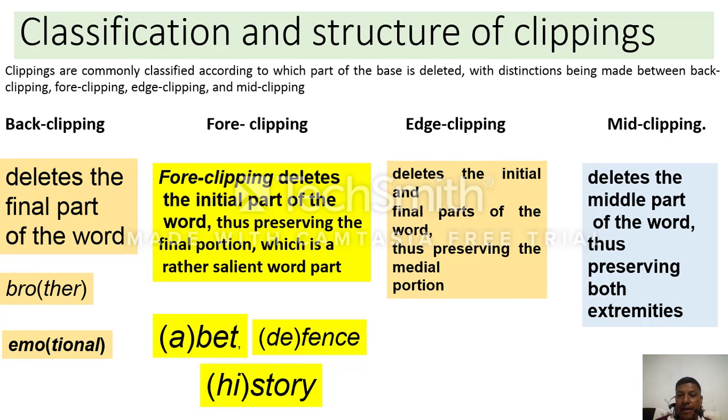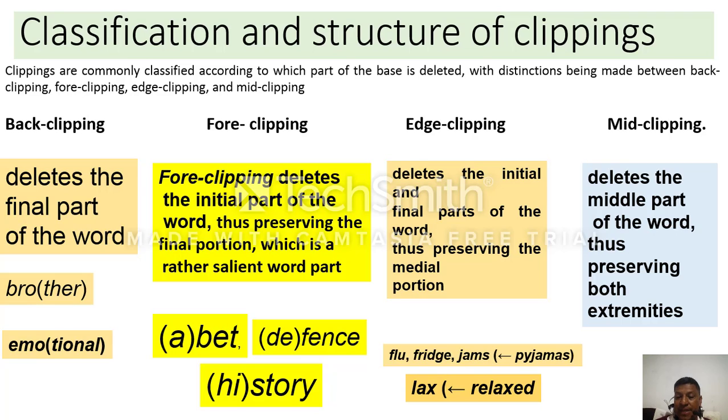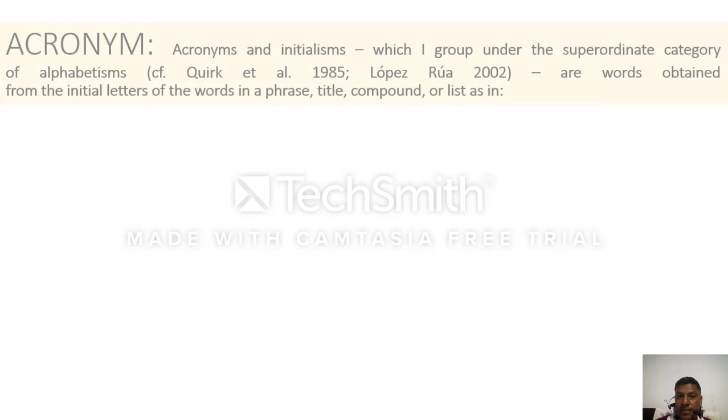In edge clipping, we delete the initial and the final part of the word, thus preserving the medial portion. For example, flu, fridge, jams, pajamas, relax, thin. Middle clipping deletes the middle part of the word. For example, it is very important to take into account the pronunciation. Anna for anorexia, Ceci for secretary.